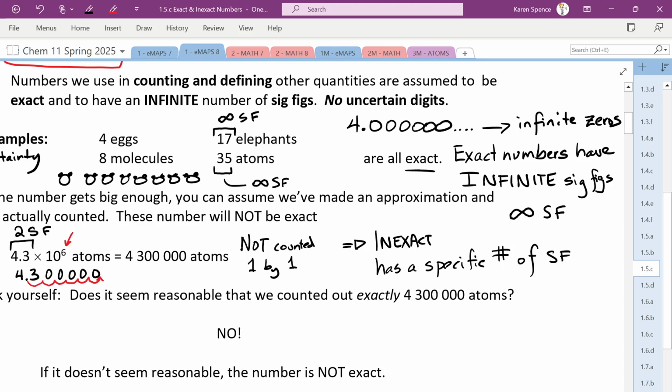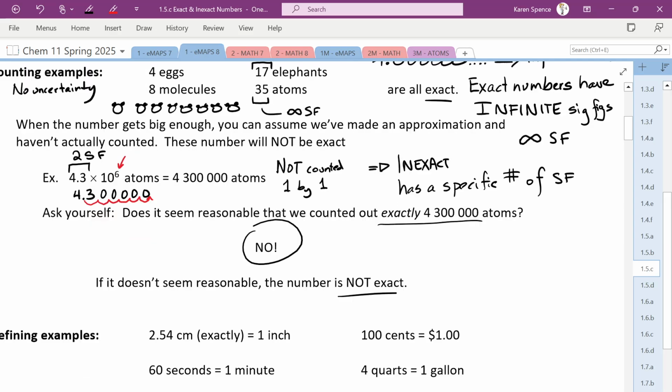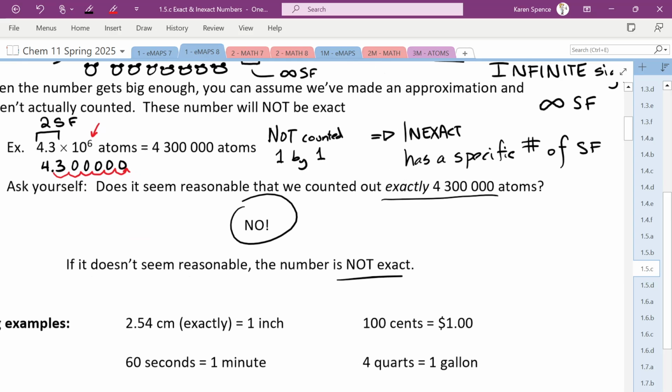So here we have our specific numbers. Does it seem reasonable we counted out exactly 4,300,000? No. And so the number is not exact, and therefore we have a reasonable number of sig figs.